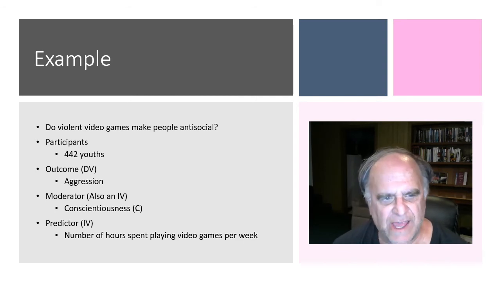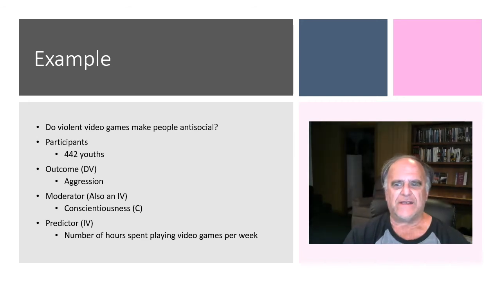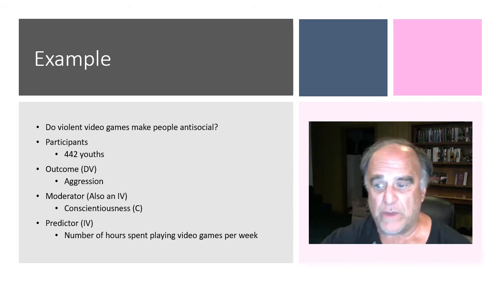And we're going to have an independent variable that is number of hours spent playing video games per week. So that's our basic model. We have an outcome or dependent variable, aggression, a moderator, conscientiousness, and an independent variable, number of hours spent playing video games per week.